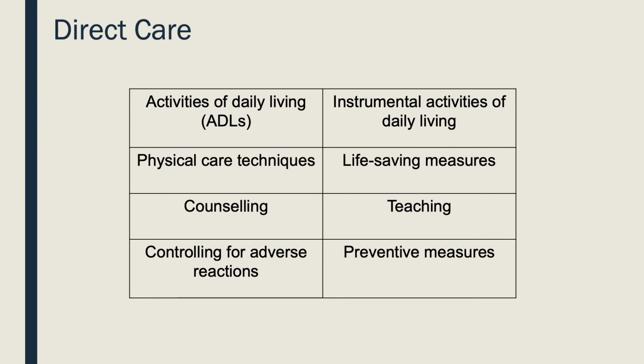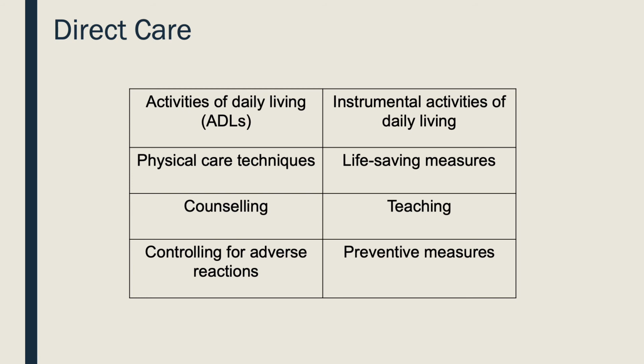Nursing interventions that require direct care with a client include activities of daily living, and this would be things like brushing your teeth, grooming and hygiene, getting dressed. And instrumental activities of daily living are the things that you need to do to survive in society. So things like banking or transportation, getting groceries and making meals.